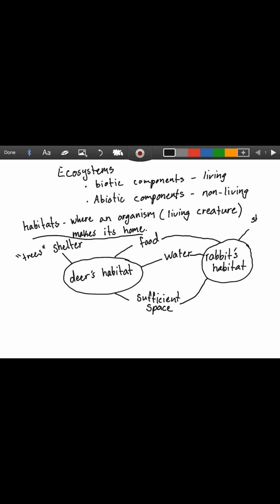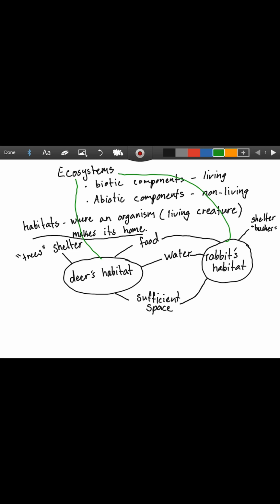So a rabbit for shelter may need nothing more than bushes because they're smaller. So we have two habitats here existing in the same ecosystem.